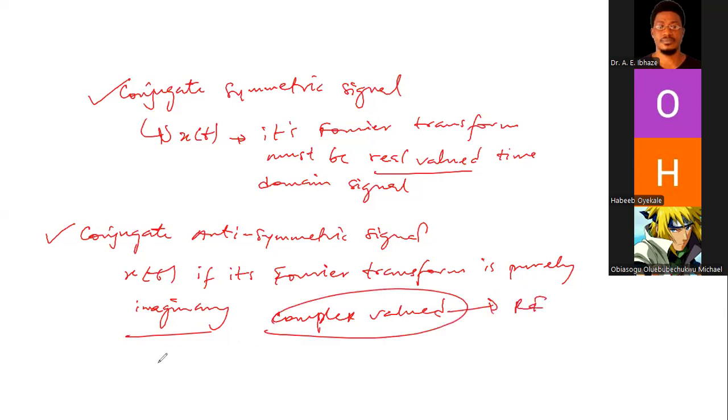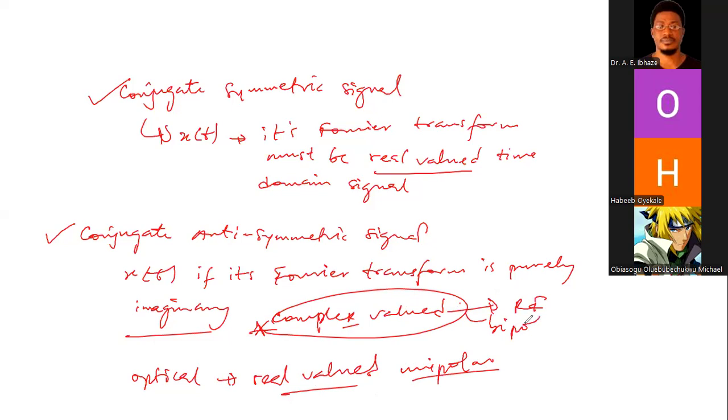But if I should go to my optical, I want real valued. So I don't want complex signals in the first place. I also need it to be unipolar rather than complex: real valued, unipolar, not complex, bipolar. Now, this is complex and it is bipolar, because I have my positive and negative sides.